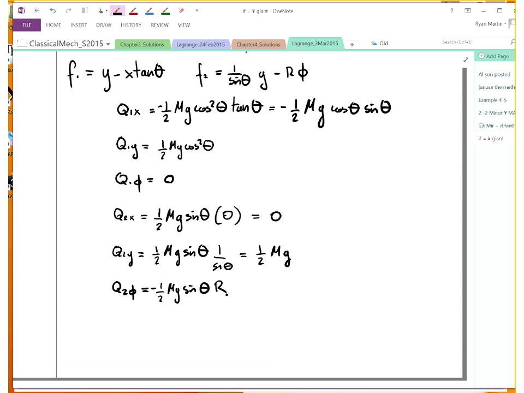And so the only one that I can really get a good physical interpretation of is the last one, which is the torque that makes the hoop turn. And the other ones are related to normal forces and reaction forces.